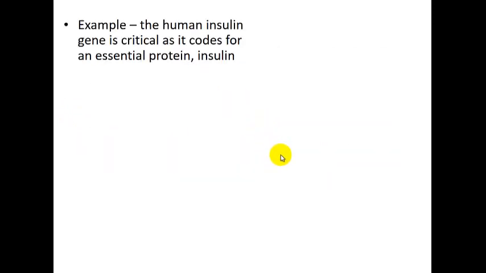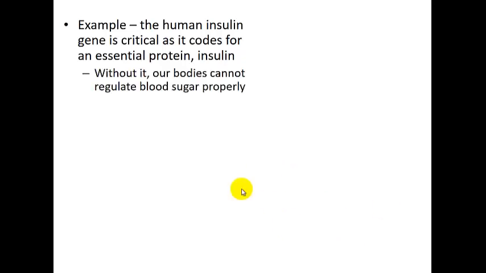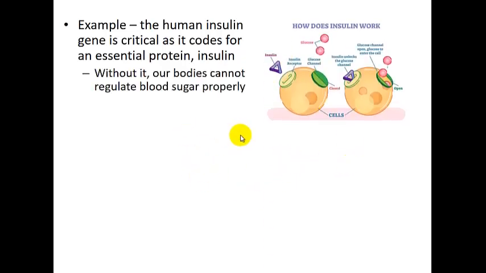So here's an example. The human insulin gene is critical as it codes for an essential protein, which is insulin. Insulin, as many of you probably already know, helps us regulate our blood sugar. If we were to have a mutation in the gene that actually makes insulin, we would be unable to regulate blood sugar on our own.